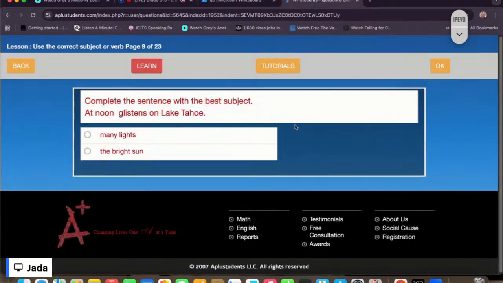At noon, dash glistens on Lake Tahoe. Is it many lights or the bright sun?